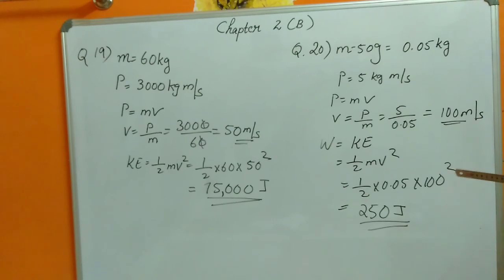We don't have the force, we don't have the displacement. But we know that work done and energy are the same. Energy is the ability to do work. So we don't want to go for any other equations. We have mass and velocity. So obviously you should know the equation to be taken is kinetic energy, half m v square. Just substitute, we will get kinetic energy, and you should know that this kinetic energy is the same as the work done by the body.